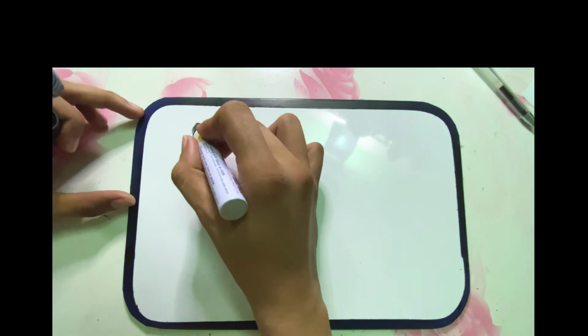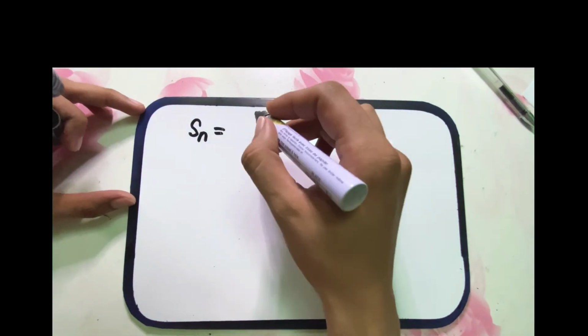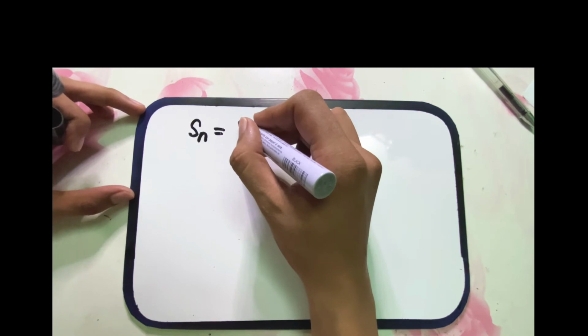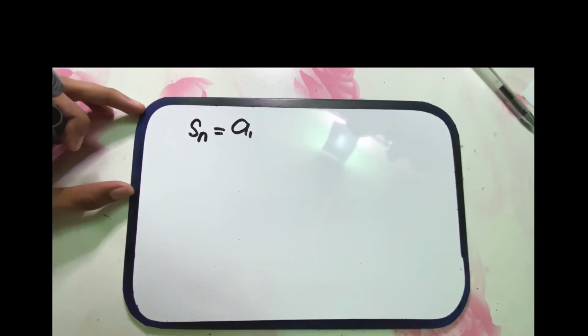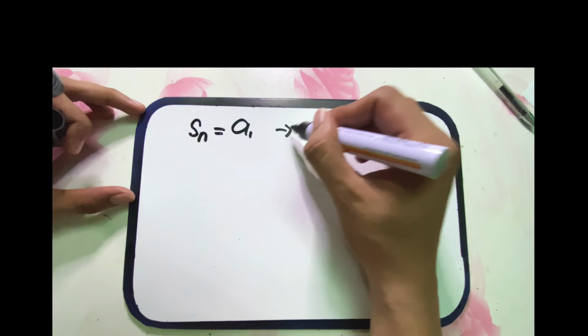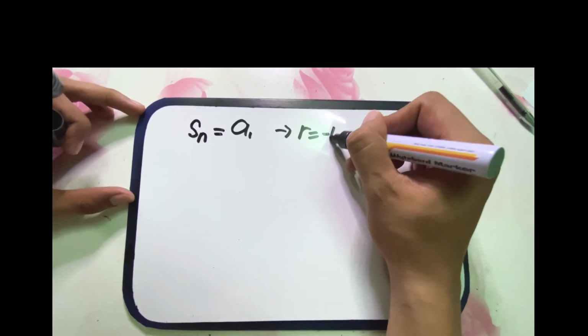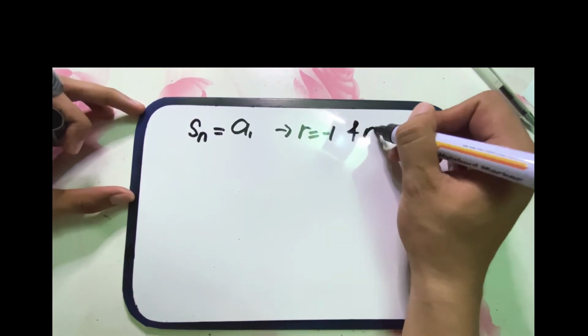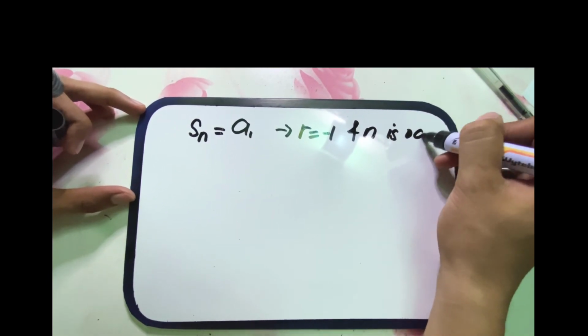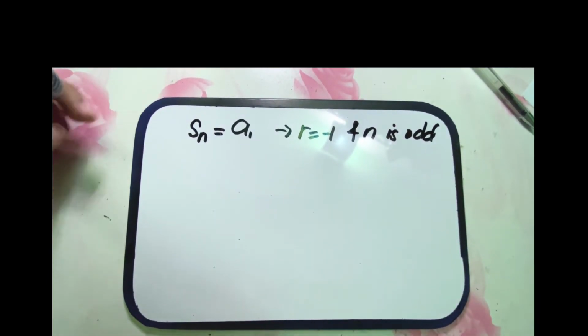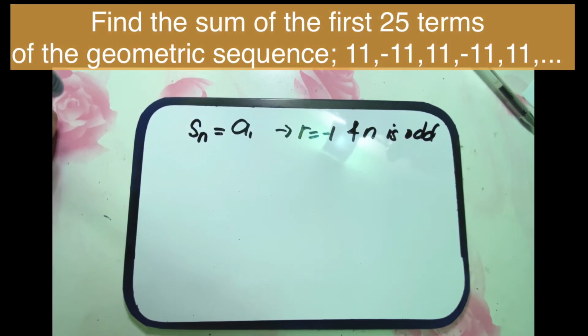Okay, for the fifth case or the fifth formula, we have S sub n is equal to a sub 1. We will use this formula if our ratio is still negative 1, but this time n, the number of terms, is odd. For example, find the sum of the first 25 terms of the given geometric sequence 11, negative 11, 11, negative 11, 11, negative 11, and so on.